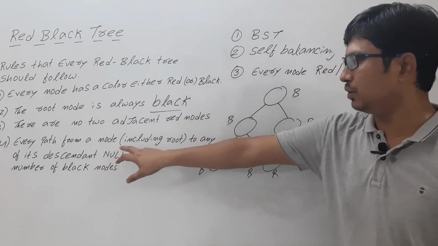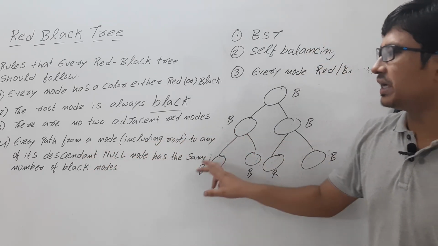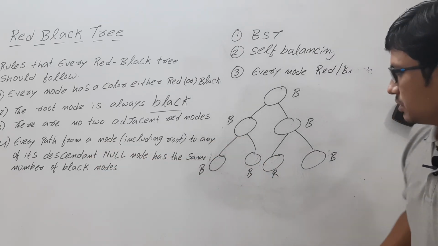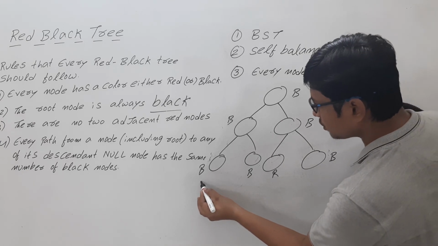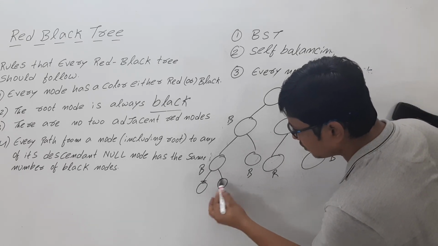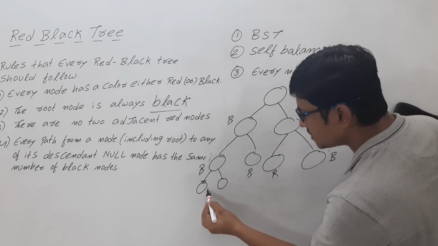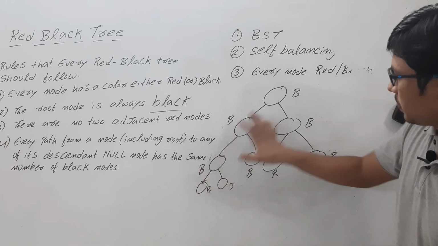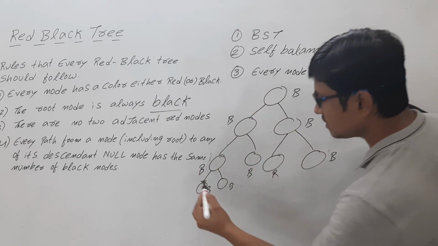Every path from a node including root to any of its descendant null node has the same number of black nodes. Now suppose if I want to go to this null black node, we have already discussed that here we will have two null nodes which are represented with a black color. Now if I want to go here, how many black nodes am I visiting? 3.